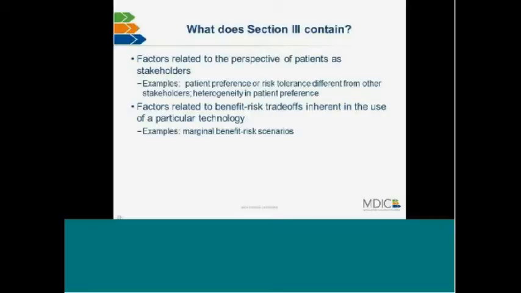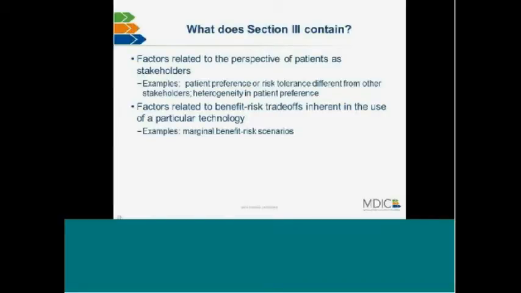There also may be situations where you need to have experience with the disease to be able to express a preference, and that's kind of the rare diseases, or maybe a situation where it's more of a lifestyle benefit. There's also a situation that we discussed where there might be patient heterogeneity in preferences, where maybe for a certain product, there is a subset of the population that feels that the benefits of the therapy outweigh the risk, and it's possible that a therapy would be approved based on that and would have a limited labeling.